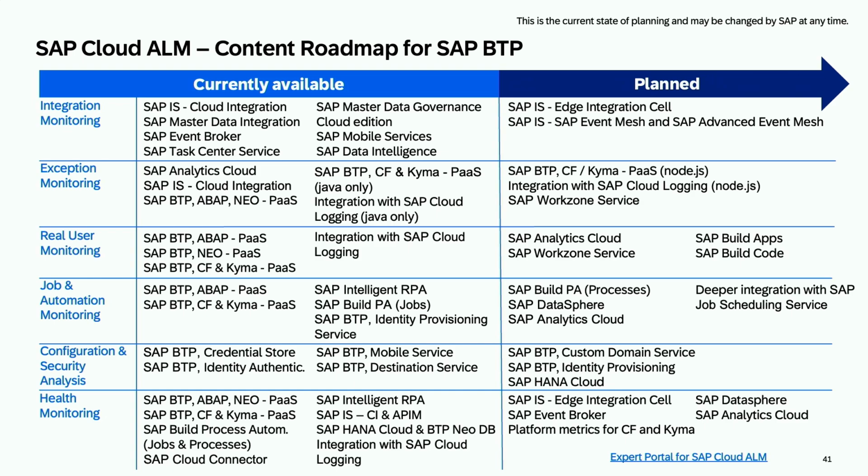The next thing we intend to enable is real user monitoring as well as health monitoring. So this is something you can expect in Q4, perhaps in Q1 2025. It was a bit of a journey with the colleagues to get this done, but we are looking forward with a lot of hope. So let's see how this will be applied.